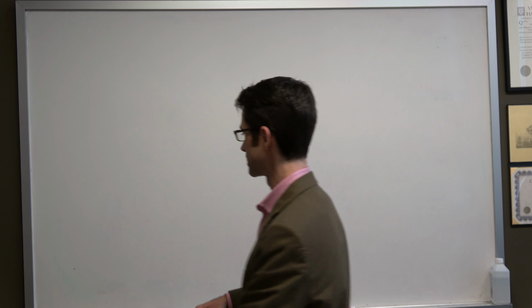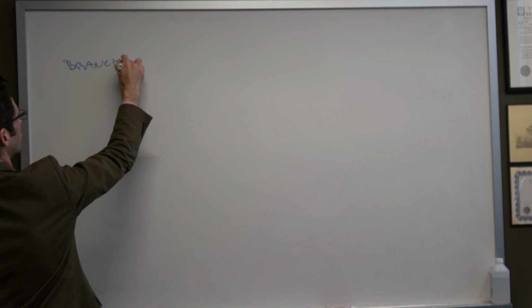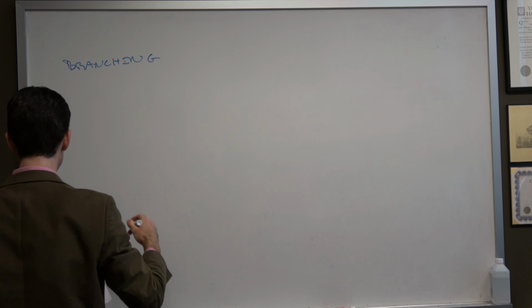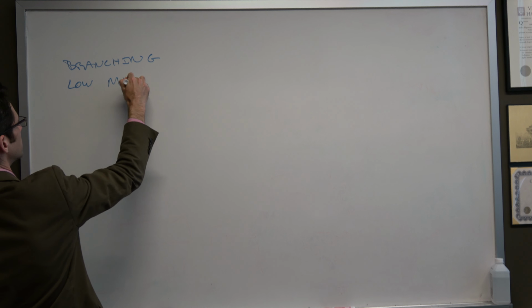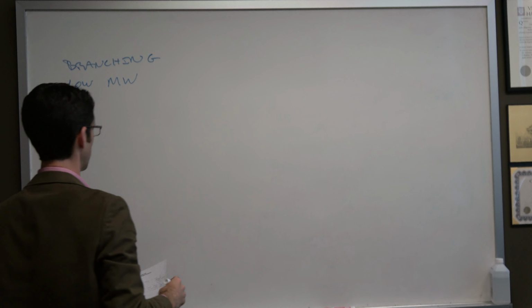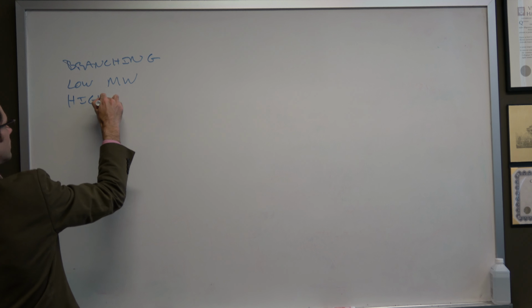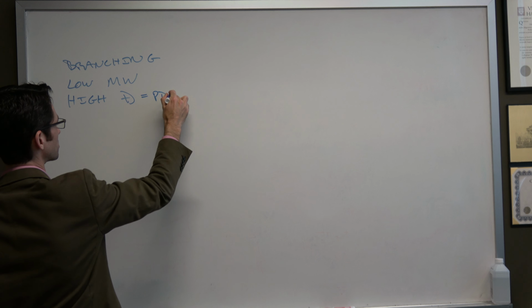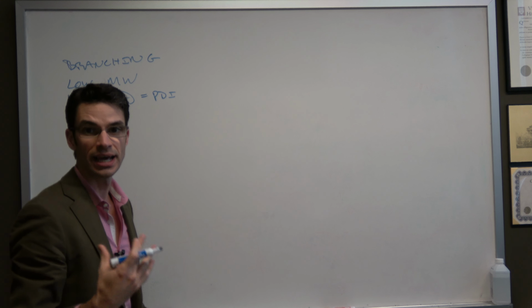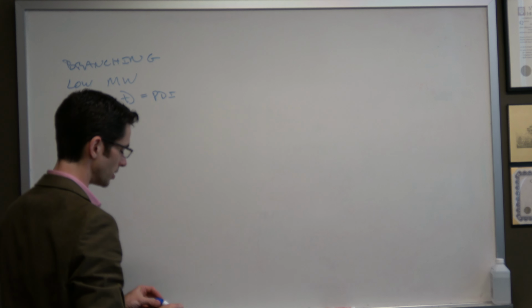So let's think about this. Branching, and low molecular weight, and high dispersity, or sometimes polydispersity index. How do these characteristics influence the properties?